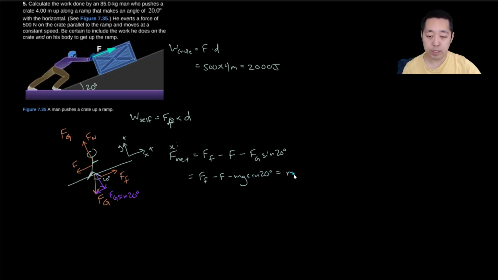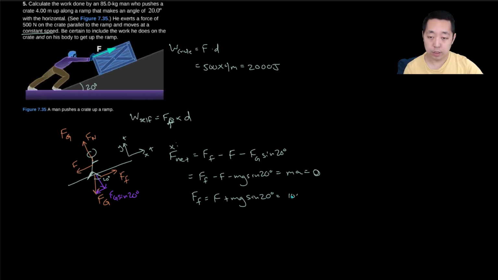Now this is equal to mass times acceleration, but again, he moves at a constant speed, so his acceleration must be 0. So this is the equation. Again, remember what I'm trying to find: the force of friction. It's equal to F plus mg sine 20 degrees.